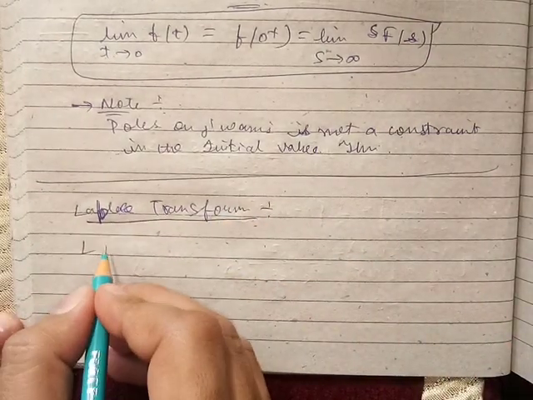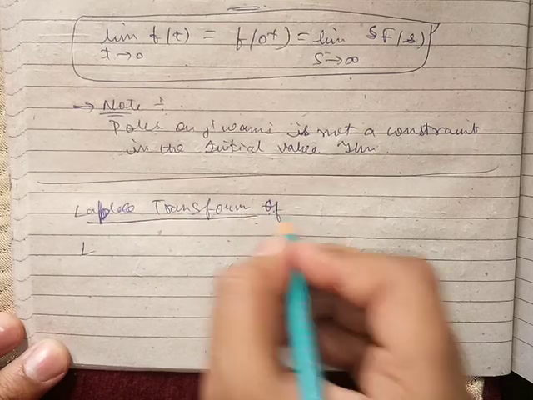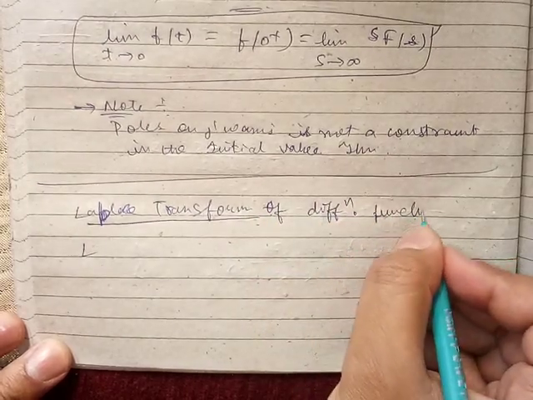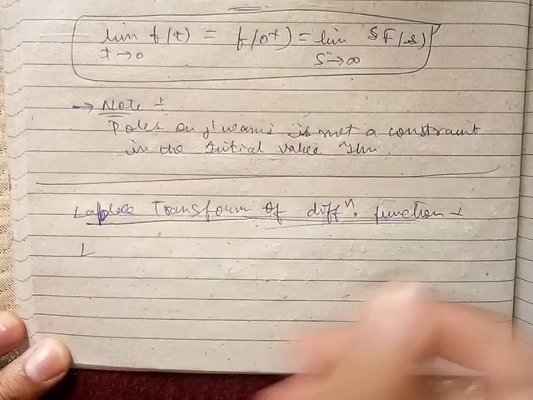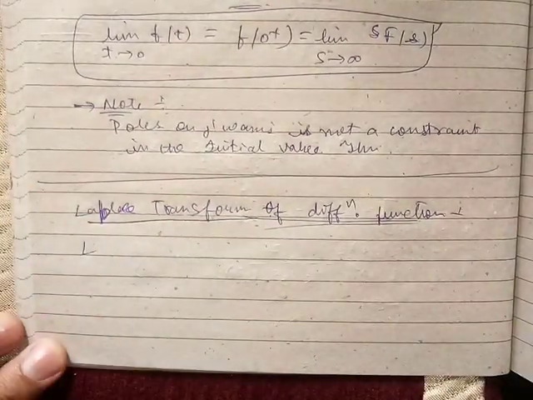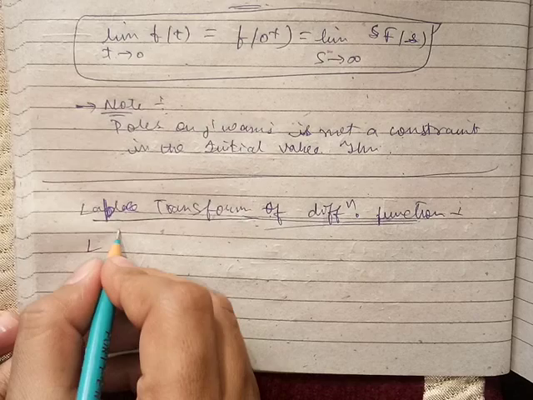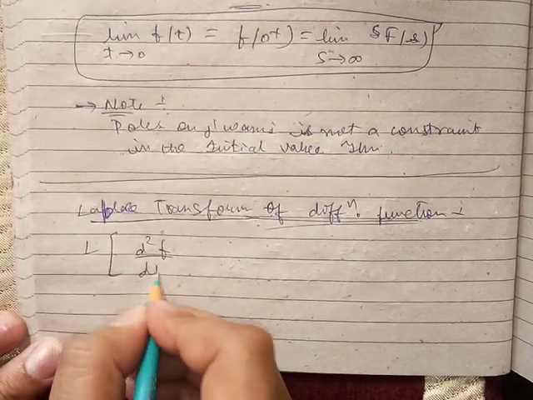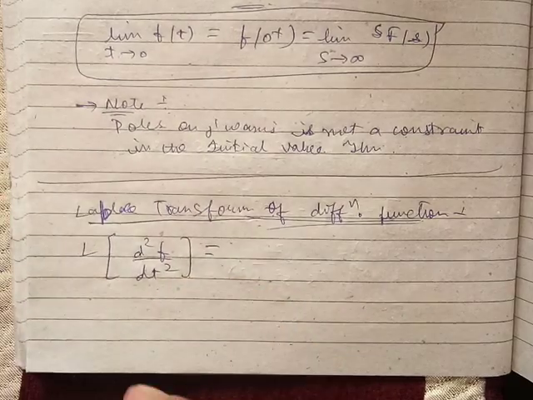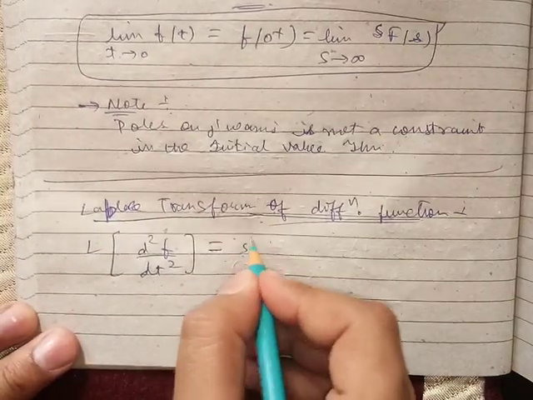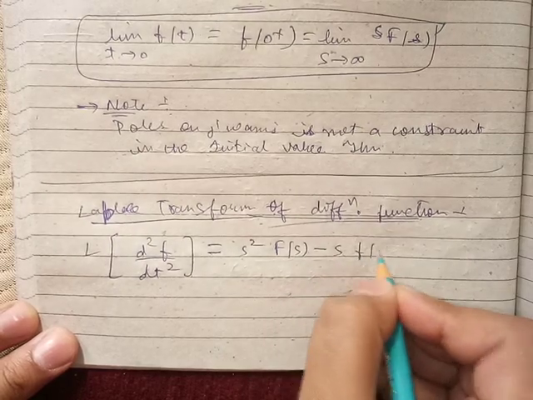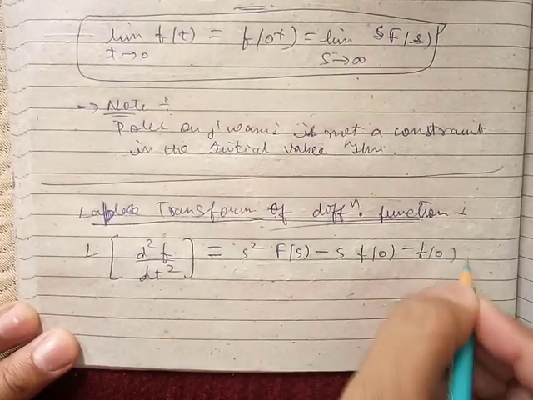I am telling you the Laplace transform of a differential function. Like this f function we have given, it is a double differential, right? So we need to find the Laplace. It is easy. s square F of s minus s f of 0 minus f dash of 0.